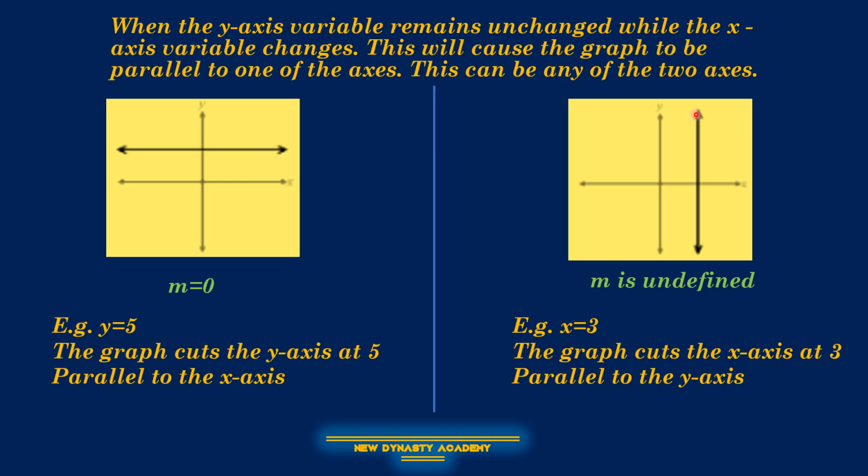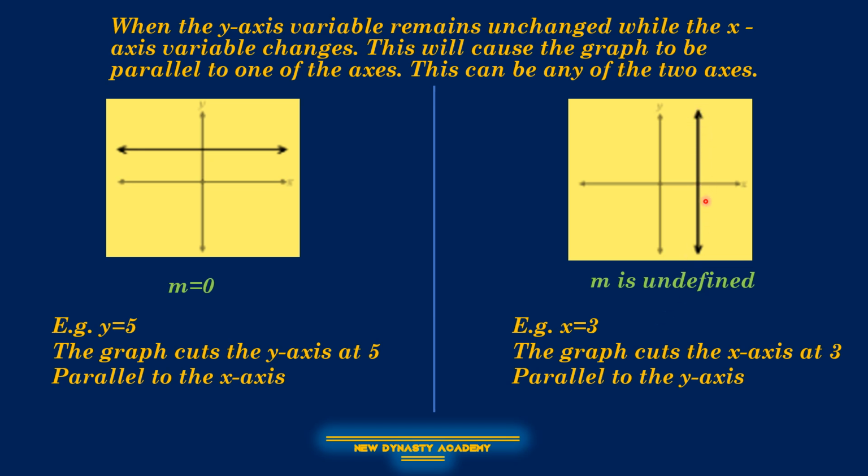Now on the other hand, on this side here, this is where the x-axis variable remains unchanged while the y variables are changing. But for this line, we cannot have the gradient. The gradient of this line is undefined. For example, if x equals 3 here, you can see that x will always be 3 while the y values are changing, either going up or going down.